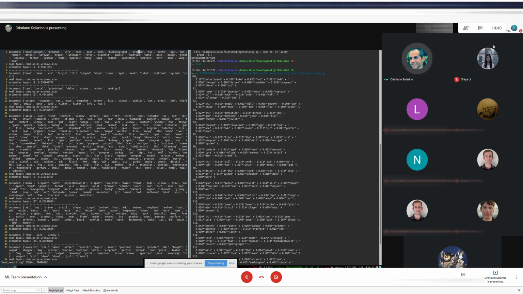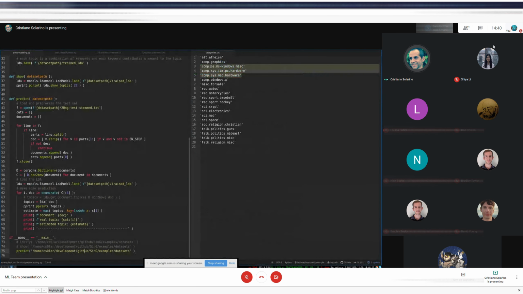I should point out that if you look at the categories, some of them are really hard. Making a difference between PC hardware, Mac hardware, Windows X, and Windows miscellaneous is hard even for a normal person. There's really a lot of ambiguity.